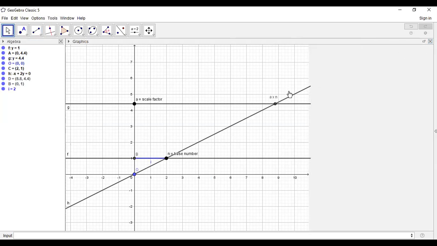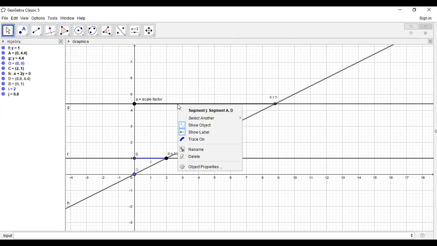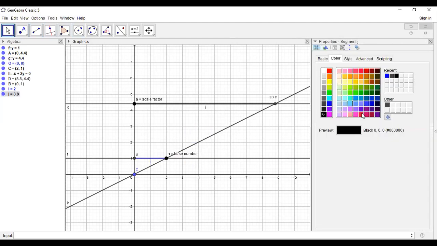this blue line segment, or maybe I should just make this vanish. Okay, no. Yeah, that's fine. The blue line segment is indicating n, and this pink one is indicating A times n.